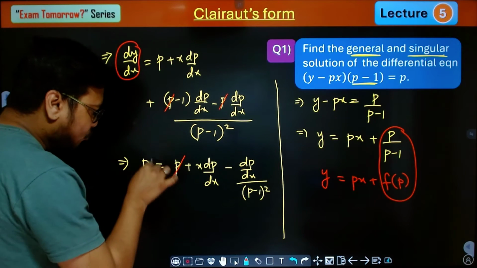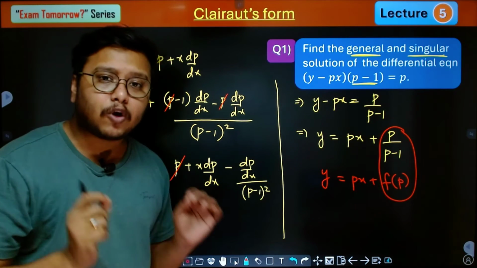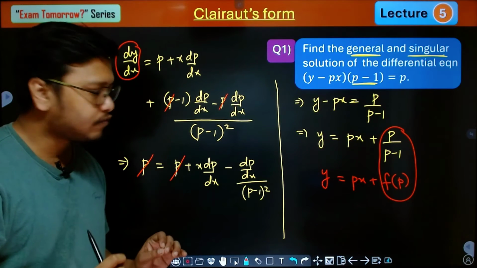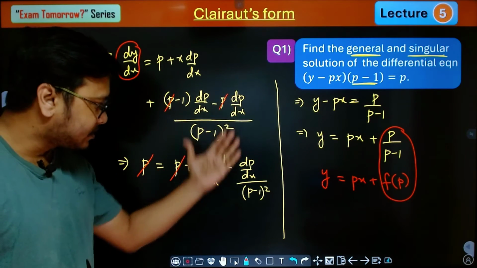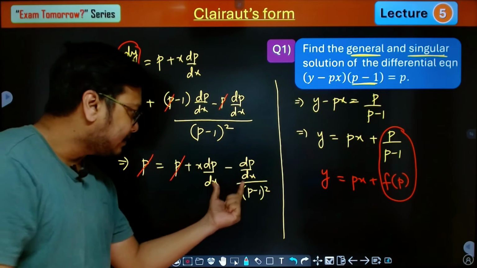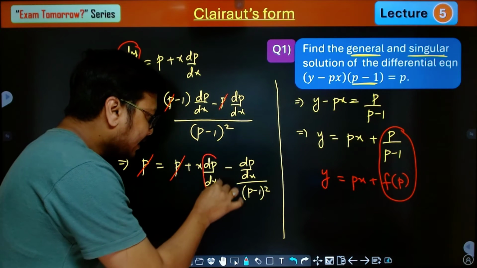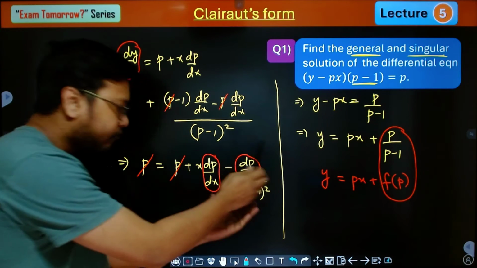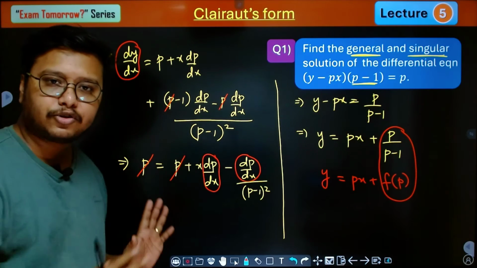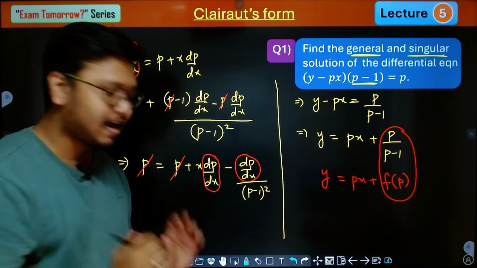And also we can see the two p terms are getting cancelled. Now this will always happen in a Clairaut's form differential equation. When we proceed in this way, we will see the dp/dx term can be taken completely common from the entire equation upon cancellation of terms. Okay, this will always happen.